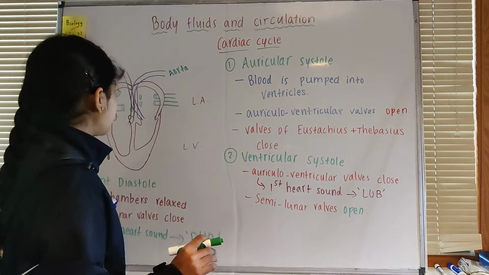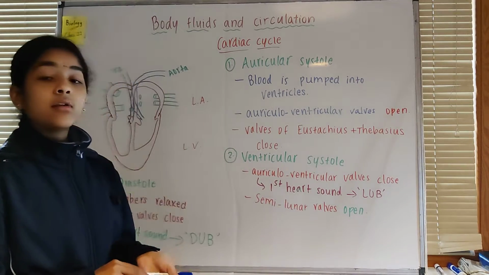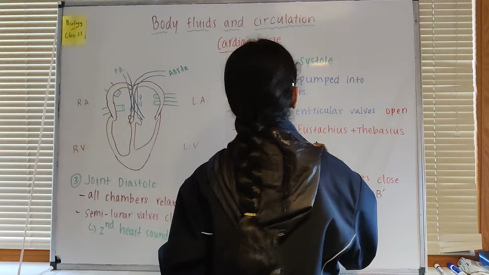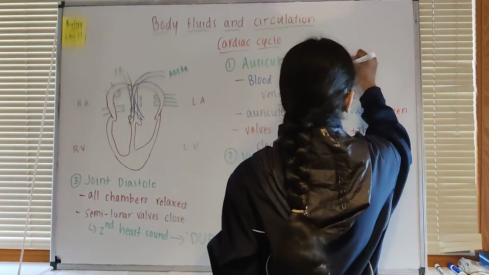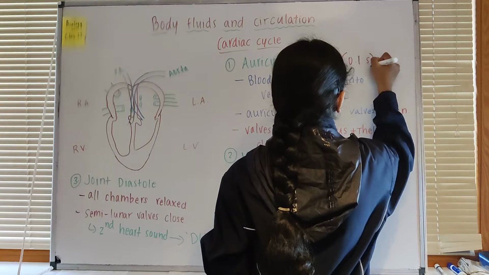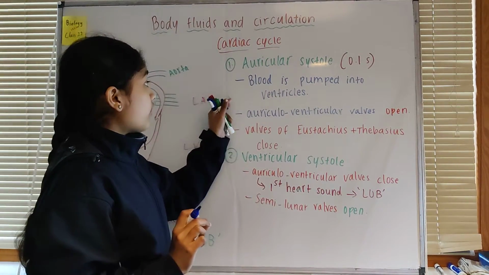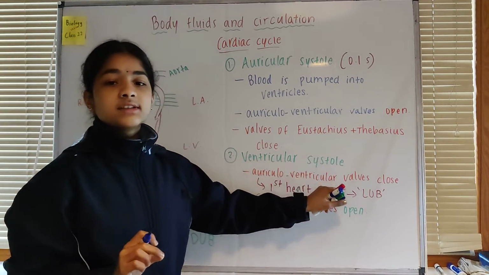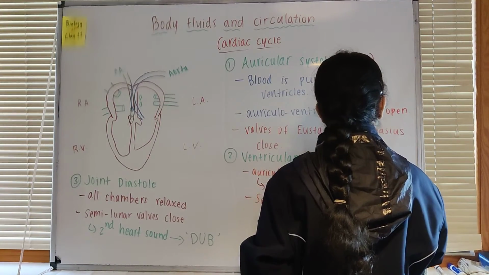So these are the three steps that happen in the cardiac cycle. Now let us take a look at the duration, the amount of time it takes for all these steps. Auricular systole takes 0.1 second only, for all these things to happen. Ventricular systole takes 0.3 seconds.